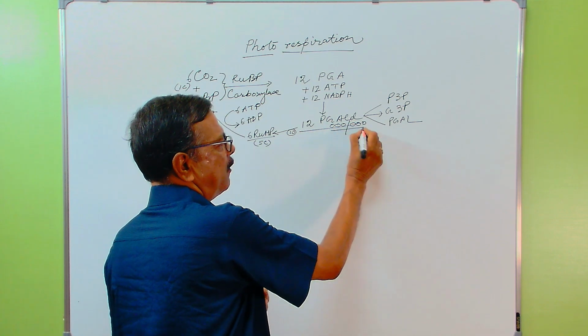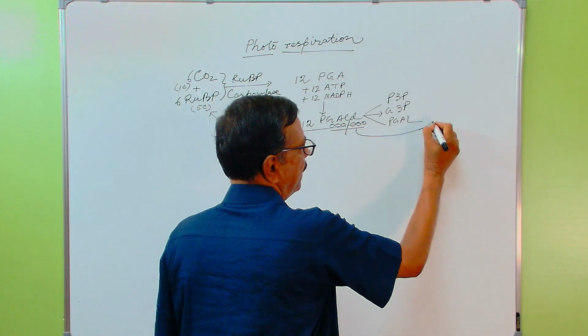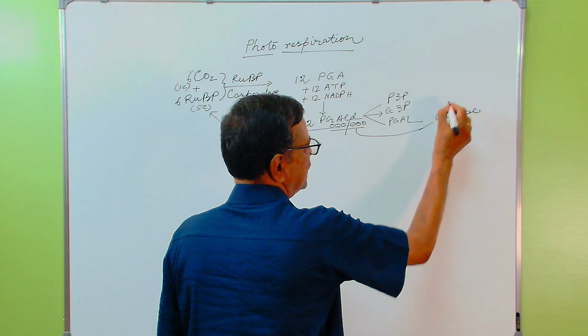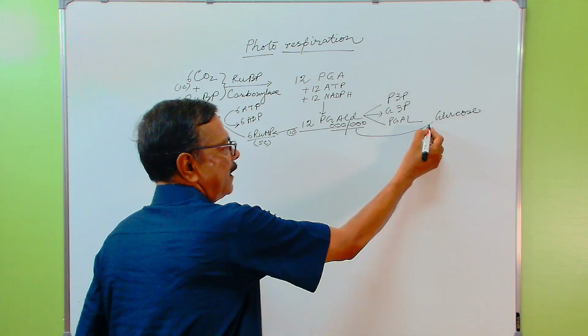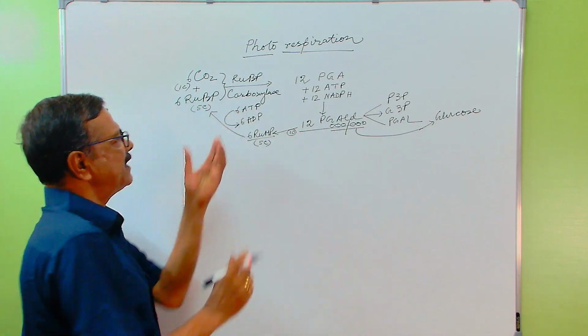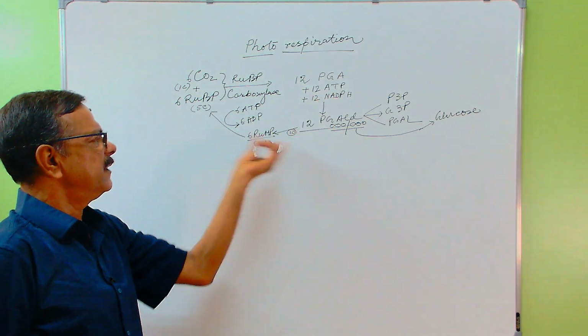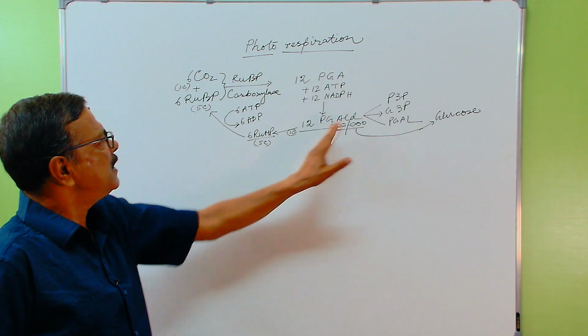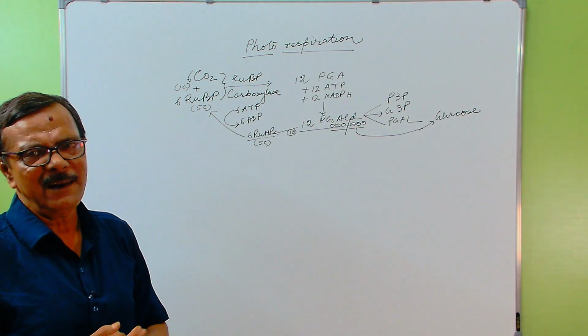These join to form glucose, C6H12O6. This was in the Calvin cycle. This is carbon fixation, so many things. Anyway, now this is the Calvin cycle.